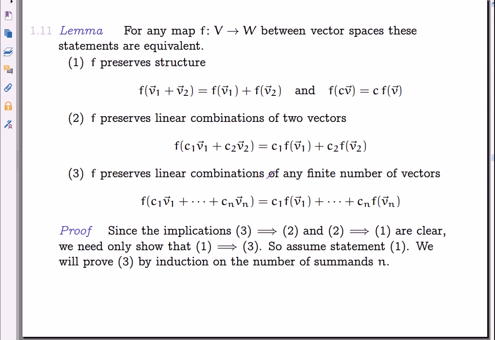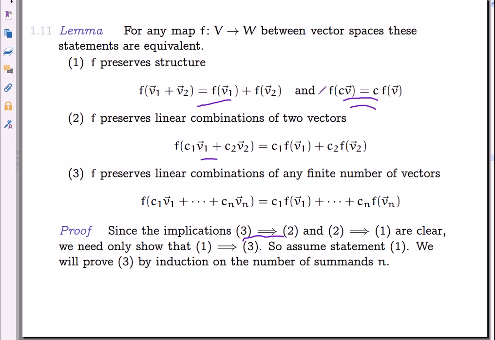Now, if you look at these three statements, 3 implies 2 immediately. Why is that? Because 2 is a special case of 3 with n equals 2. Okay. 2 implies 1 immediately also because 1 is 2 different special cases of 2. The first special case has C1 equals C2 equals 1, and that gives me this additive statement.